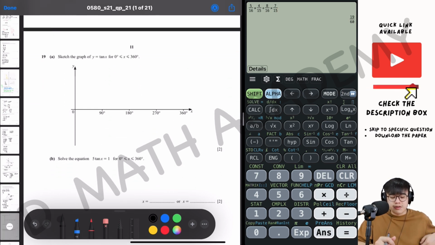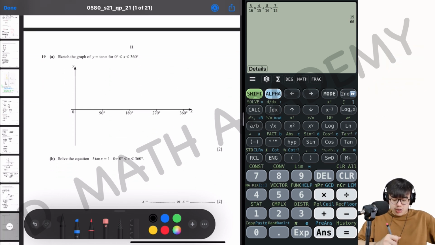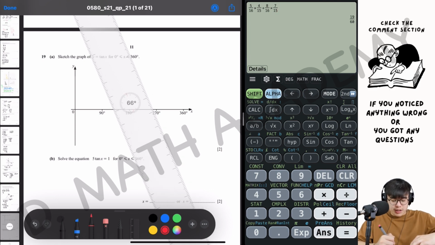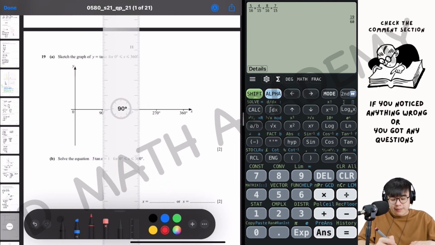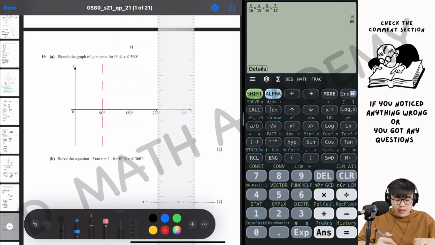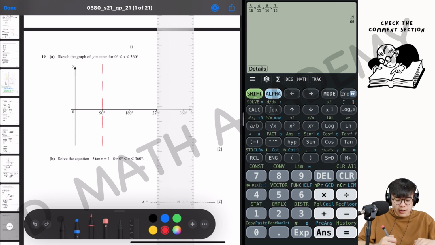Question 19, sketch out a tangent graph. For the tangent graph, there's a slight trick here, which is that the 90 is very important. You must make sure that the line that you draw doesn't touch the 90. It can get close to it but cannot touch it. Since they wanted you to draw until 360, you must also draw a guiding line for your own reference at the 270 part.